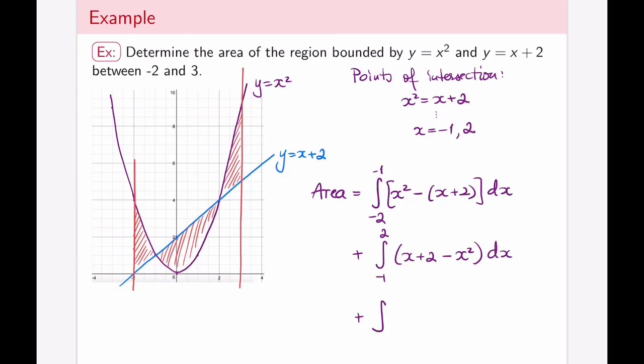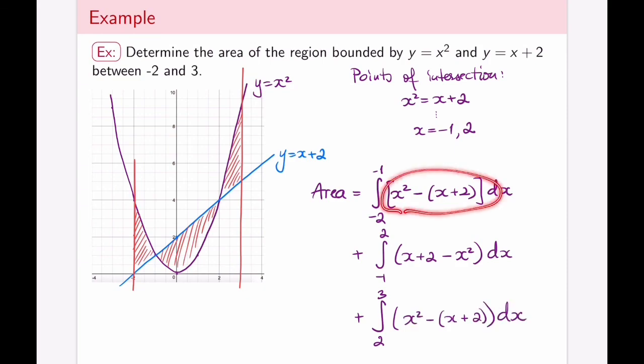And then finally, for my third piece here, I'm going to have to go between 2 on the x-axis and 3 on the x-axis, which was my insisted cutoff, not a natural point of intersection. And then I'm going to have, once again, that the parabola is the top graph. So x squared minus the line, which is the bottom graph, dx.